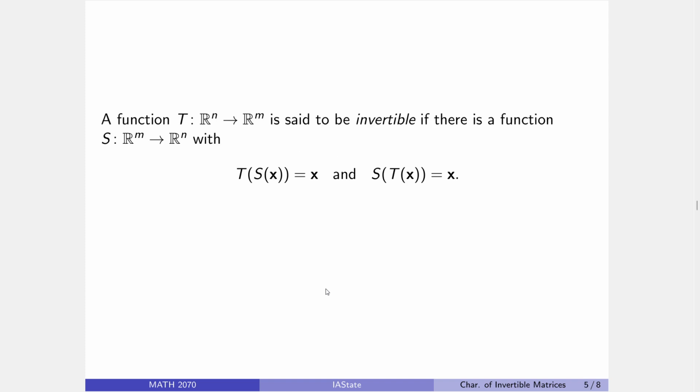Let's loop this now around to the linear transform interpretation of matrices, and let's recall that a function is said to be invertible if I can compose it with something and get the identity mapping. Very similar to multiplying and getting an invertible matrix.